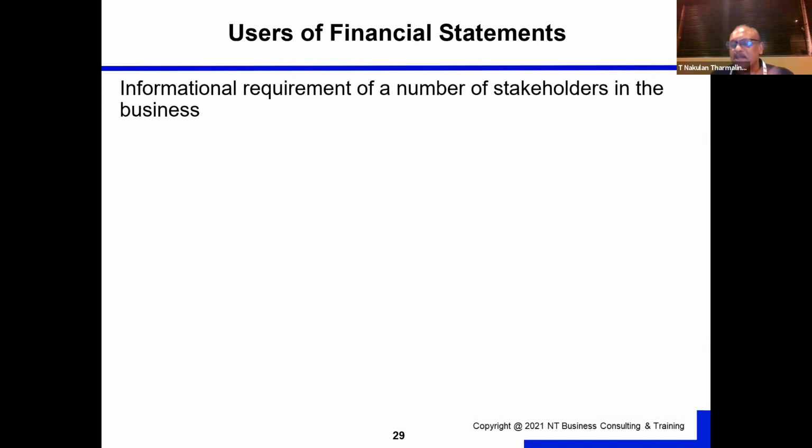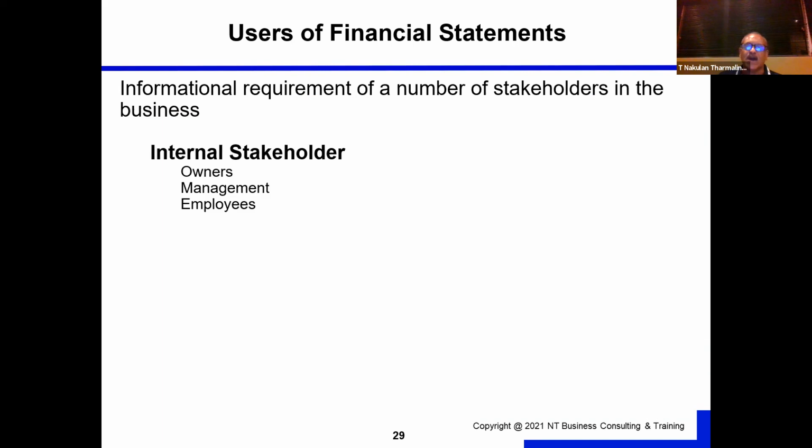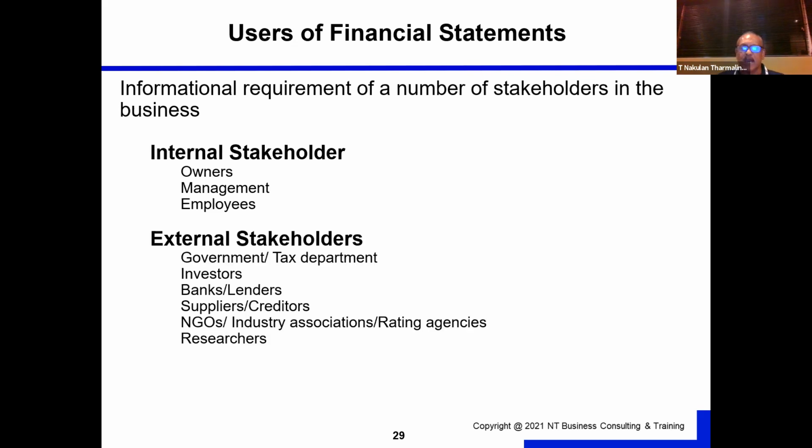So, this is fundamental principles of accounting. We just wanted to get the core items in accounting and financial reporting. Who are the stakeholders of accounting? Whether you're an owner, the management, or the employees are basically the internal stakeholders who are interested in the financial reports of the company.